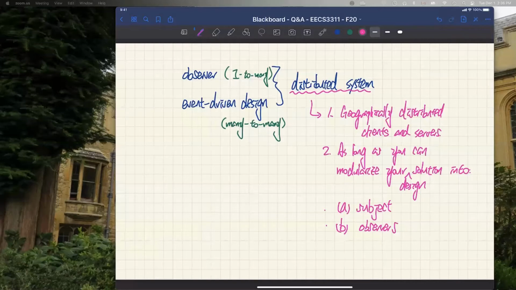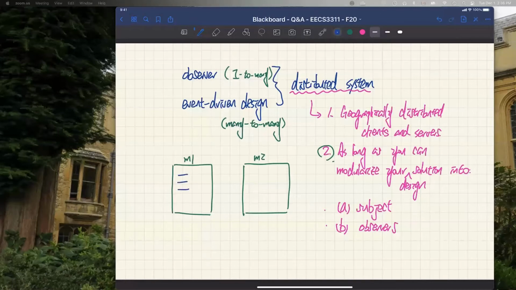Let me be a little more elaborate on number two. As long as when you design your solution, you have one module over here and another module over here. In the context of object-oriented programming, it would be classes. Say module 1 and module 2, and module 1 simply has various data which might be subject to constant updates.